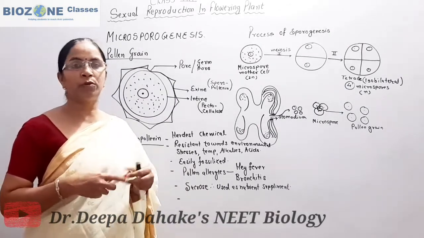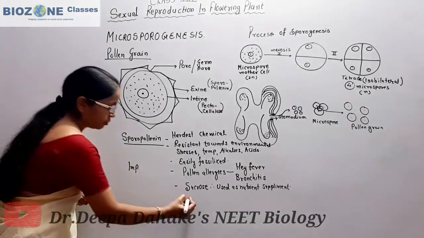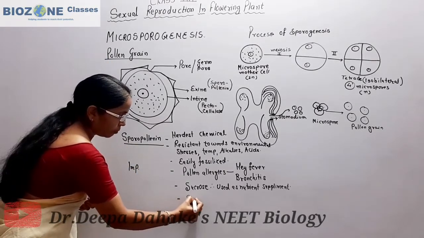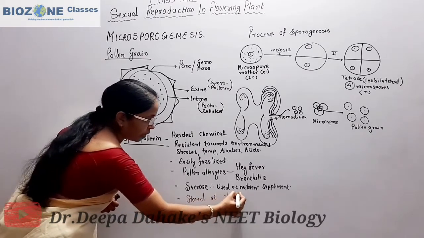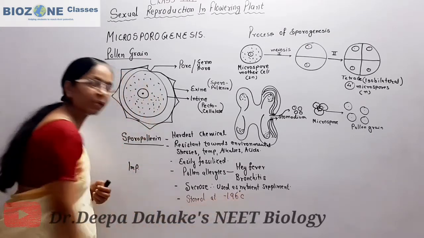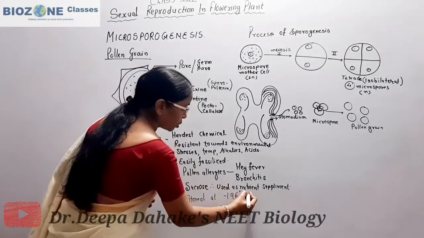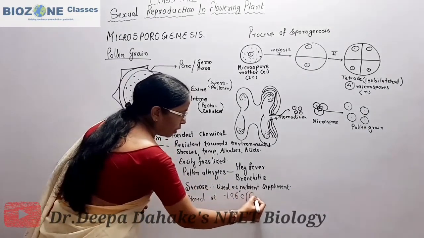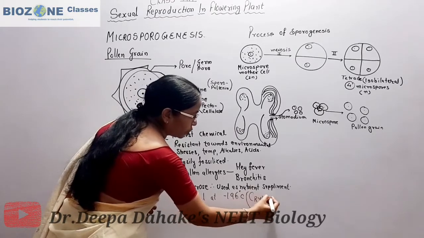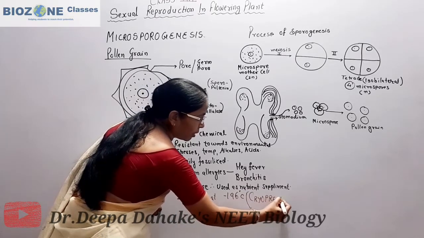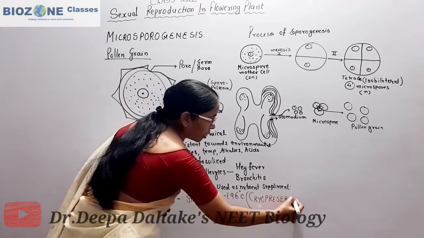When we study about the storage of pollen grain, you remember pollen grains are stored at minus 196 degrees Celsius, and this process of storage of pollen grain is called cryopreservation. So this part you remember, cryopreservation.